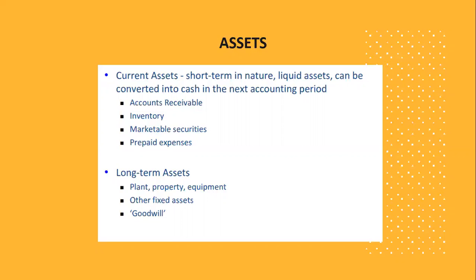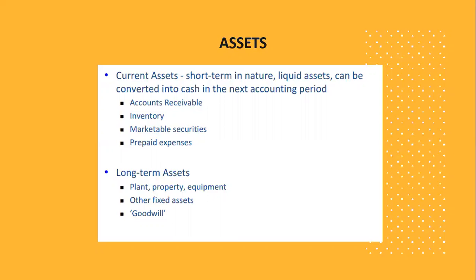So, if you go into the market, you want to sell your inventory, for example, you can sell it. The accounts receivable, let's say some amount of money is due from somebody, you can actually give that to somebody else and say, hey, this person is going to pay you this amount on this date. That is therefore included in current assets.